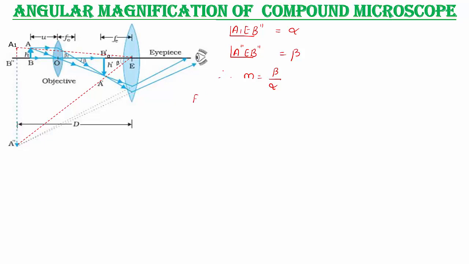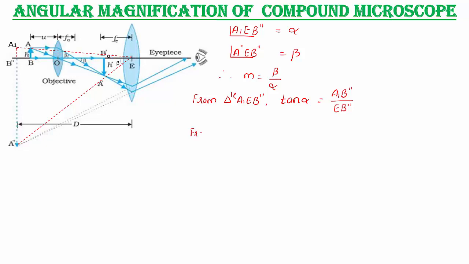So from the triangle, the first one is A1EB double dash. You can observe the ray diagram. Easily we can get the value of tan alpha. Tan alpha is opposite side divided by adjacent side. Opposite side is A1B double dash divided by adjacent side EB double dash.